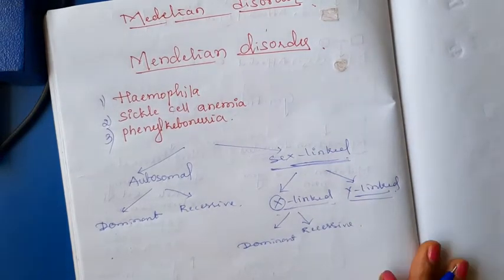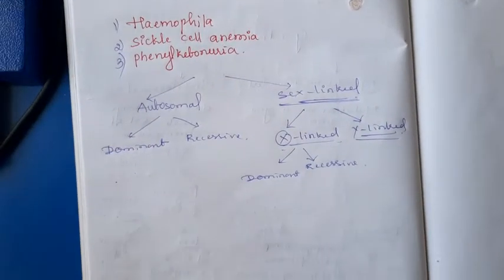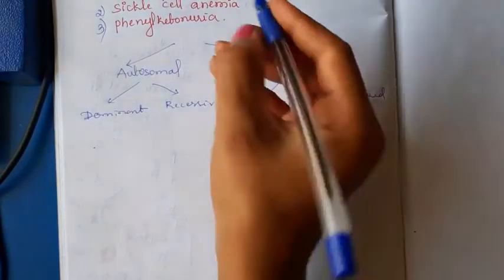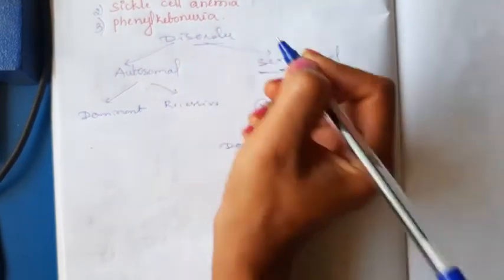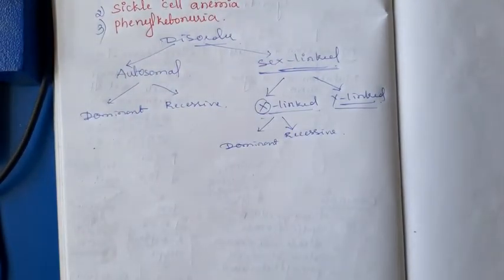You all know what is dominant and what is recessive. In autosomal disorder, autosomal means any change in the autosome or the body chromosome. There are 2 types, dominant and recessive.